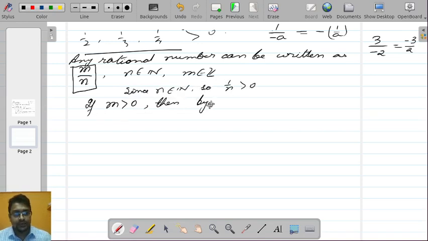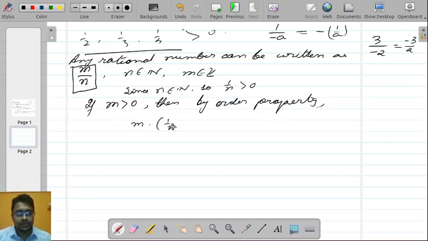By the order property, m into 1 by n is also greater than 0. But m by n is the notation for m into 1 by n, so m by n is greater than 0.